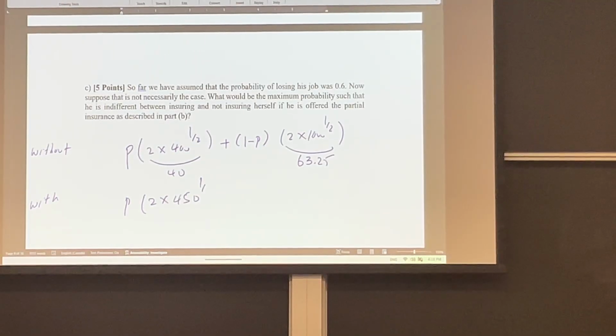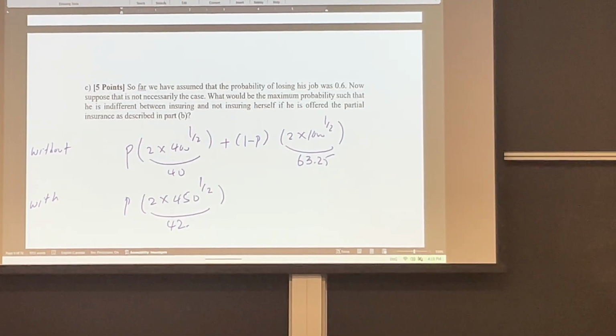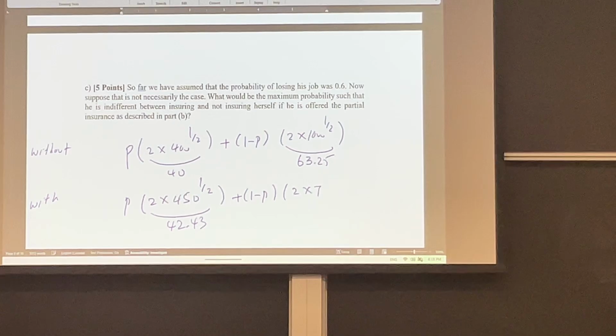And I wrote the utility there. How much was that one? 40? 2 points? I wrote it. 4.3? 1 minus P. That's the utility, and this was 54.77.